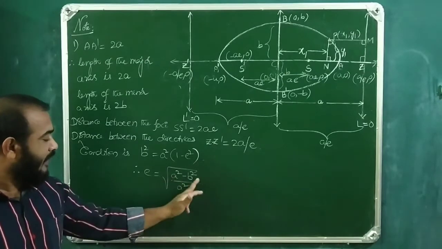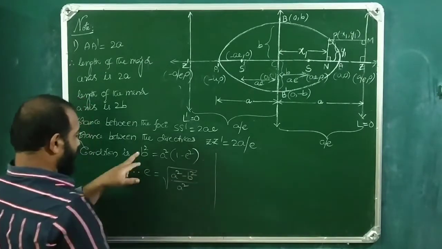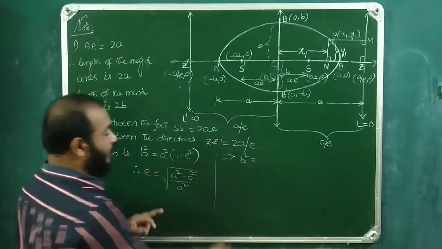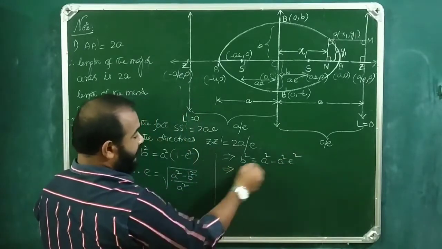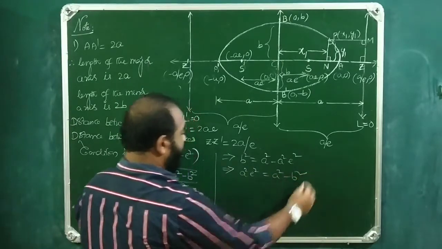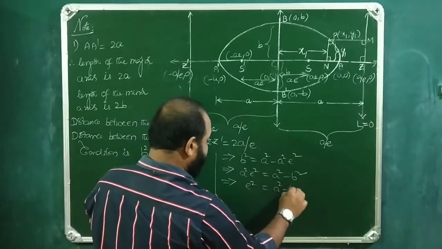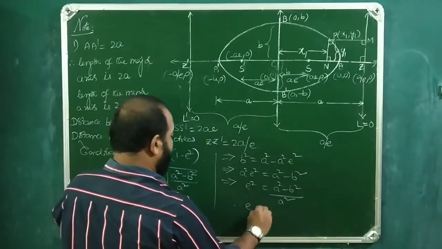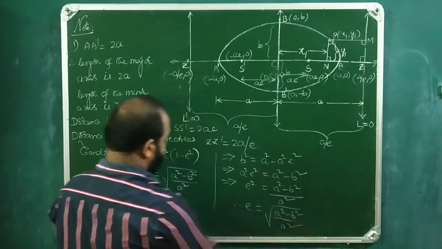How did we get this? B square equals A square minus A square E square. So A square E square equals A square minus B square. So E square equals A square minus B square by A square. Therefore, E is equal to the square root of A square minus B square by A square.